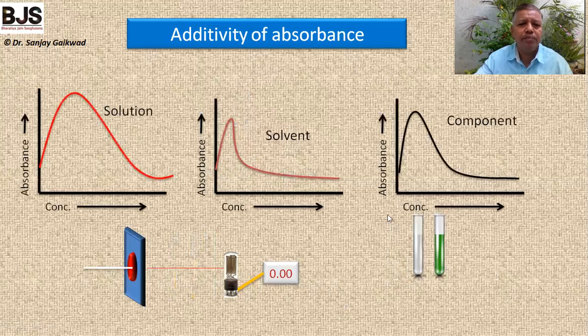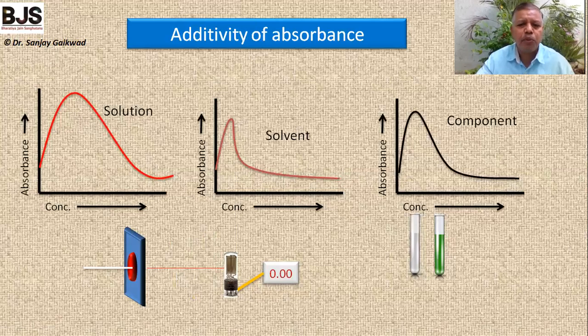This is the additivity. Now, in another example, suppose we are taking the solvent. The solvent has its own absorbance, and when we keep it in the instrument, we observe an absorbance of 0.16. This is the absorbance by the solvent only.